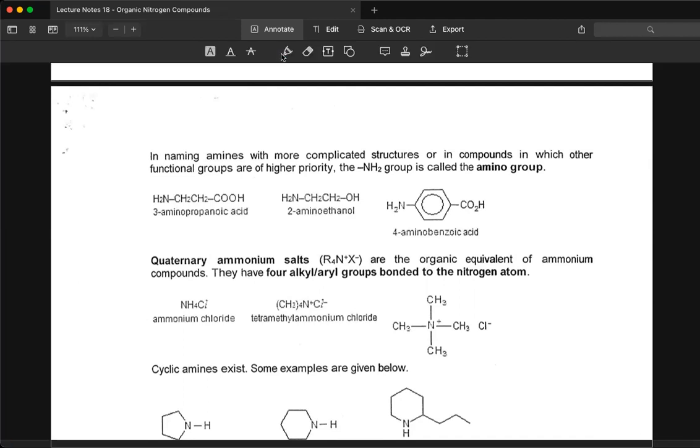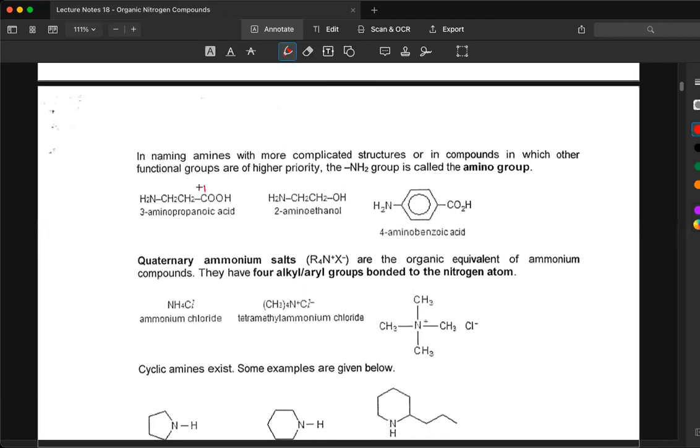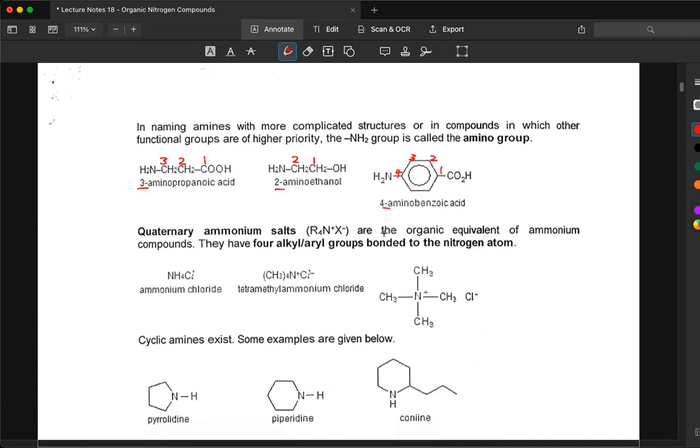So this is the first carbon, second, and third, which explains the 3-aminopropanoic acid. Likewise, between amine and alcohol, the hydroxyl is of a higher priority functional group. Same thing here, the benzoic acid is definitely a higher priority group. So that's how we came up with the naming.